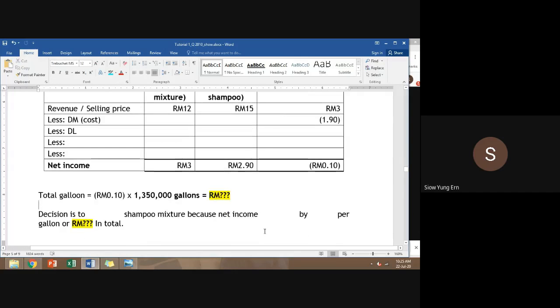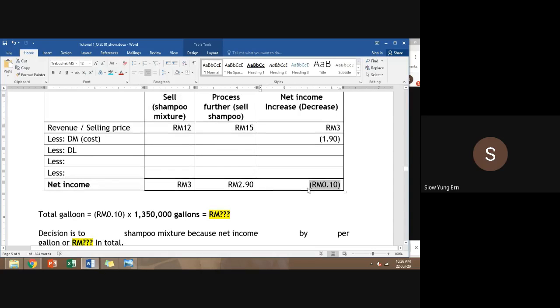So what is my decision? This is negative. So should I sell or should I process further? Process further.